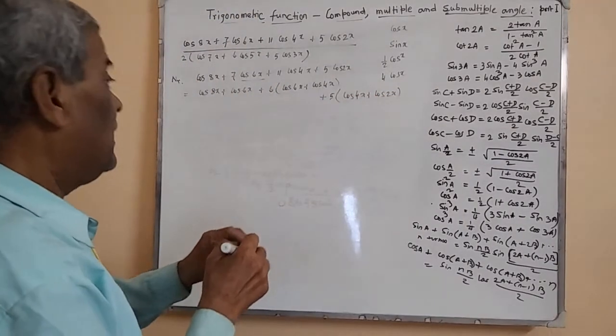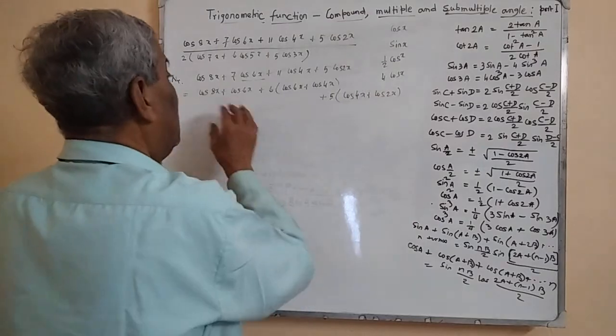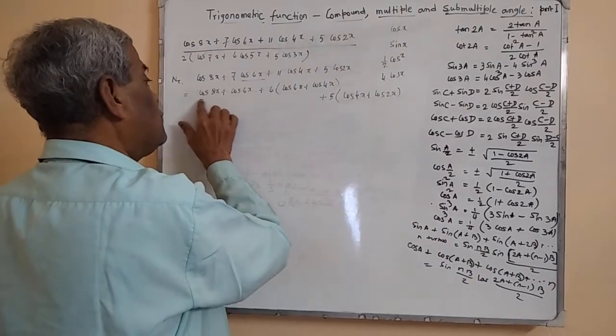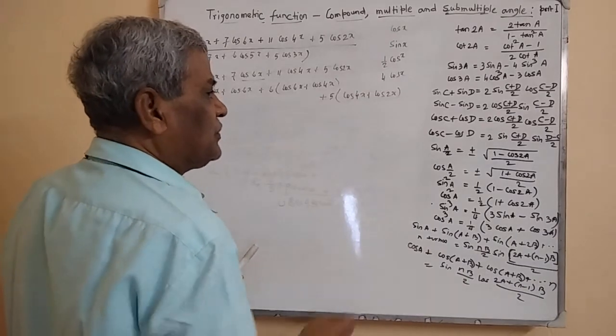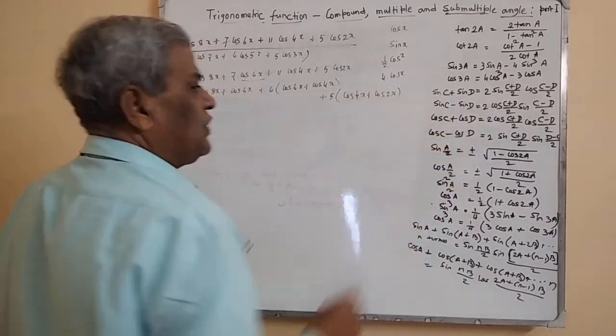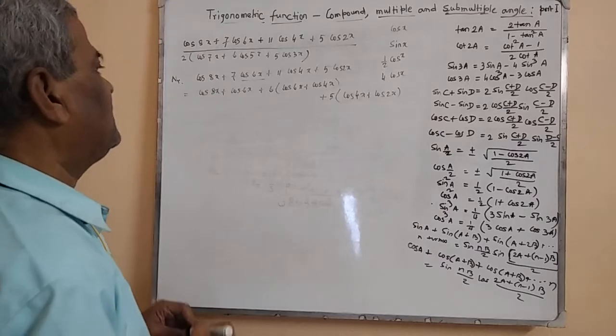So there are terms like that, cos C plus cos D. This is the same thing: cos C plus cos D is 2 cos((C+D)/2) into cos((C-D)/2).